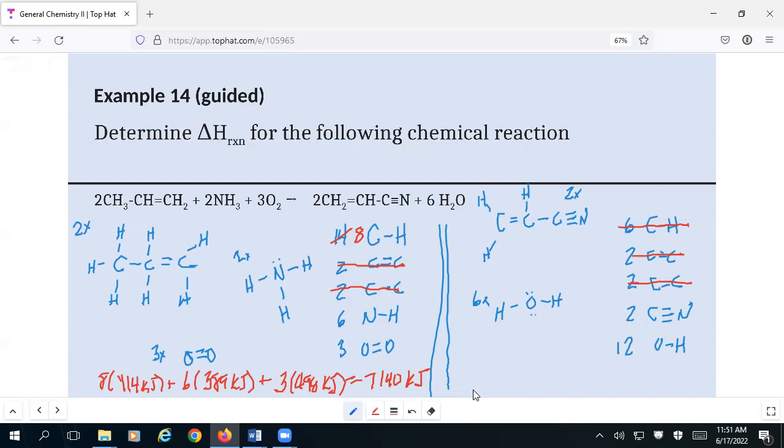So if I ran 1 mole's equivalent of this reaction, with everything there in molar quantities, 2 moles of propene, 2 of ammonia, 3 of oxygen, it would require 7,140 kilojoules to do it. What do we get back?